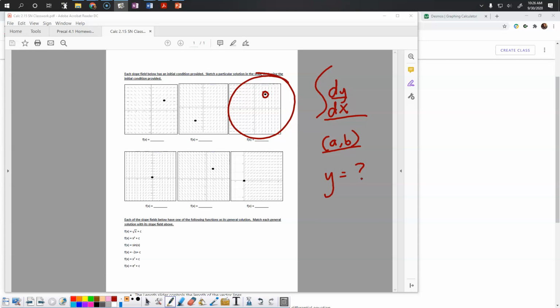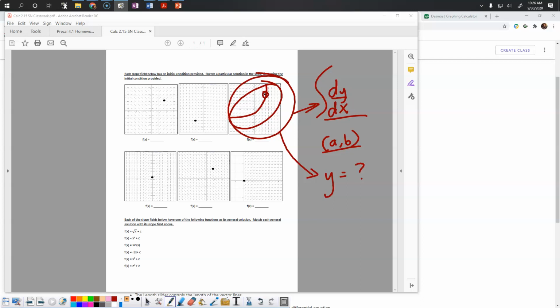And that's represented by the picture that we draw when we sketch the line going through the dot. We can match the slope field not only to the differential equation like we did last time, but we can also match it to the particular solution by looking at the shape of the curve that is sketched when we sketch that particular solution.